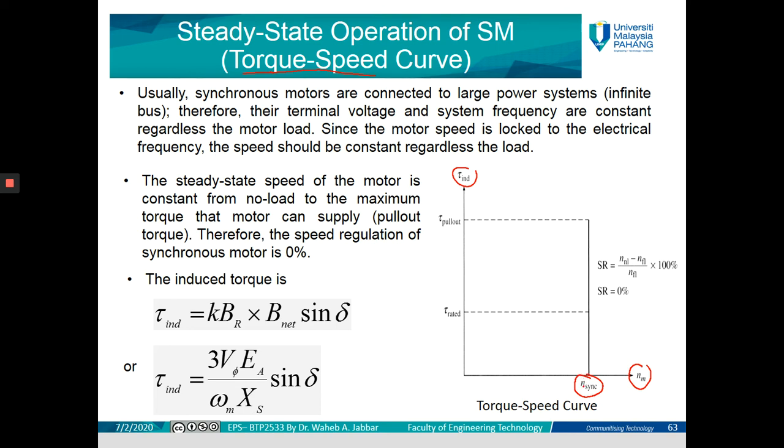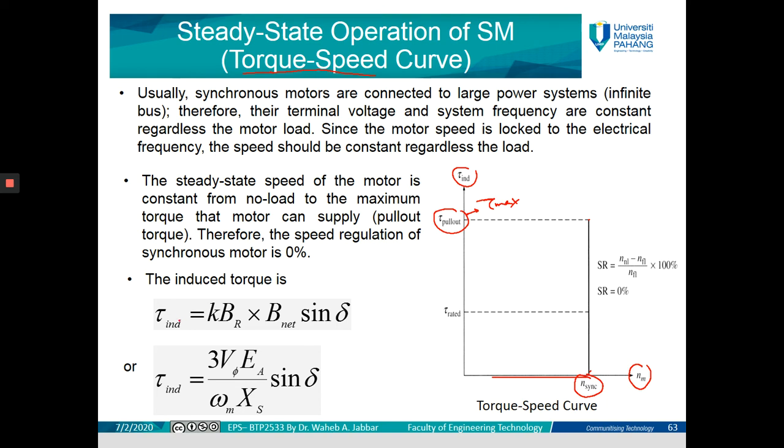So it is fixed at synchronous speed from no load until we reach the maximum torque, the pull-out torque, tau max, the maximum torque that we can get from the motor. And here is the zero torque. So from zero torque until the pull-out torque, the speed does not change, it is just fixed.